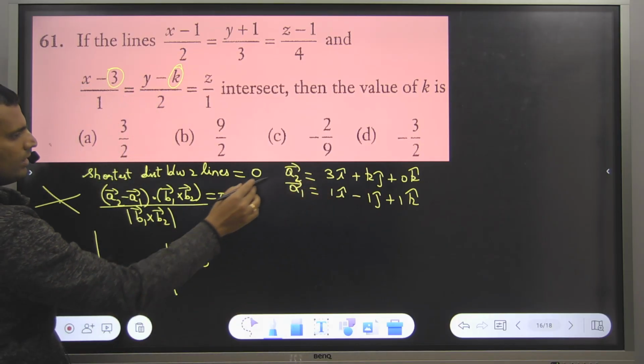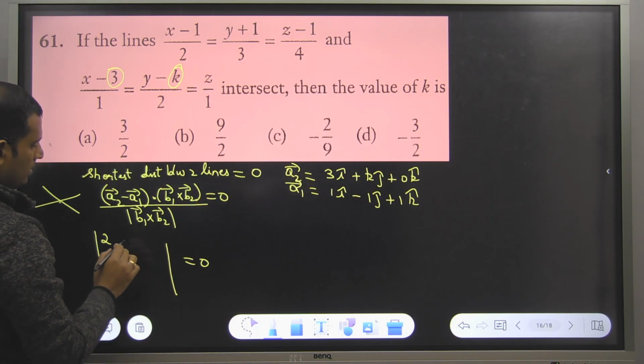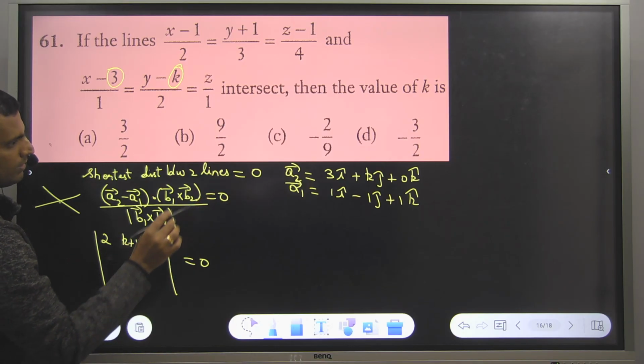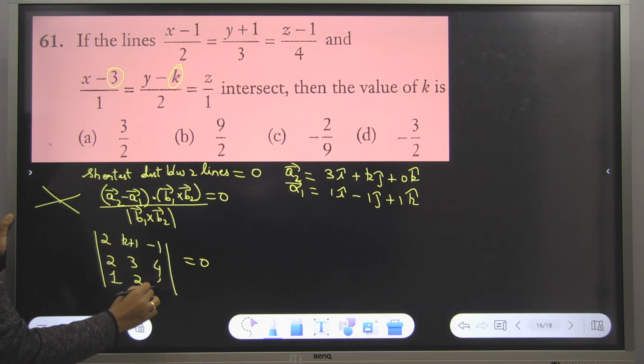Now when you do a2 minus a1, 3 minus 1 is 2, then k plus 1, then minus 1. This is what you should write in the first row. Second row is b1 vector, then third row b2 vector.